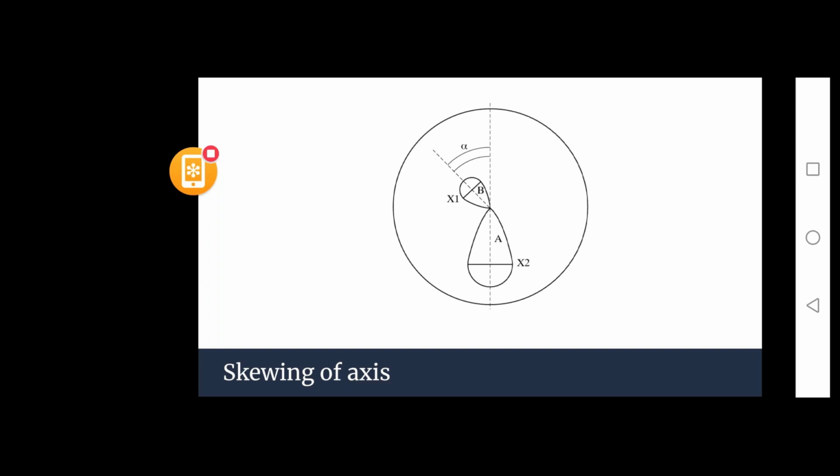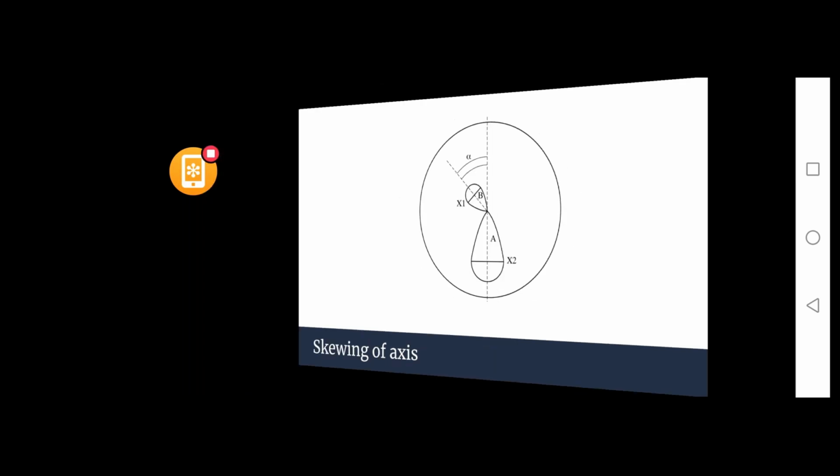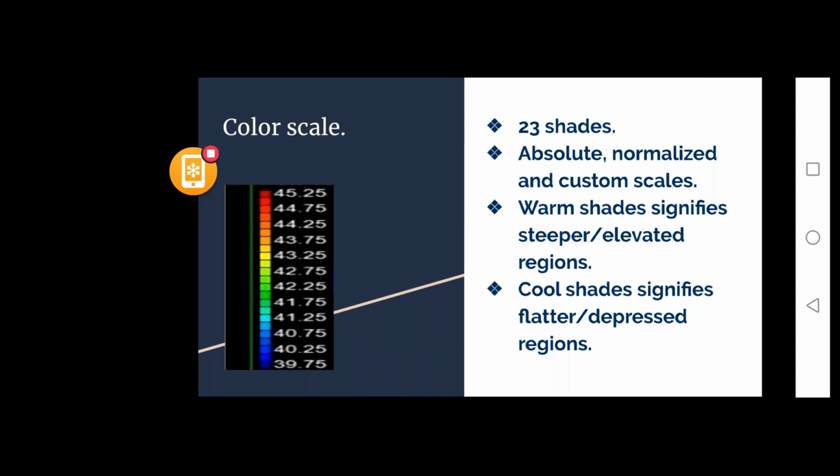All right. I think everyone is clear about this. Great. So now there are some color scales which are present over here. On the left, you can see that there are some colors and there are some numbers mentioned over here. Now, the types of the shades and the scale that is used is very important to be understood.